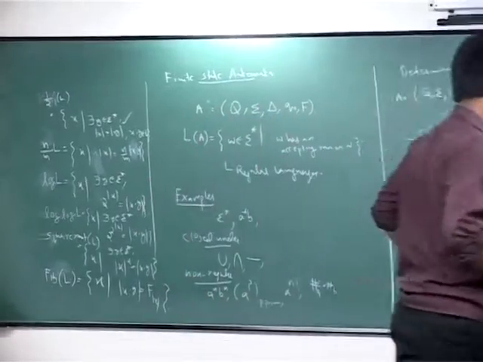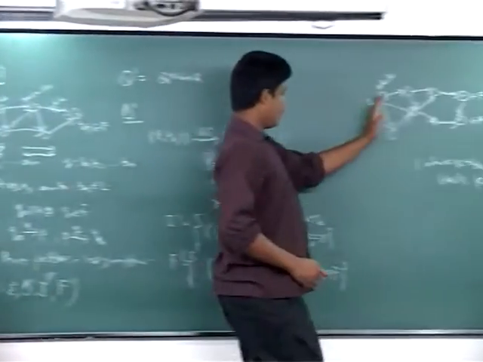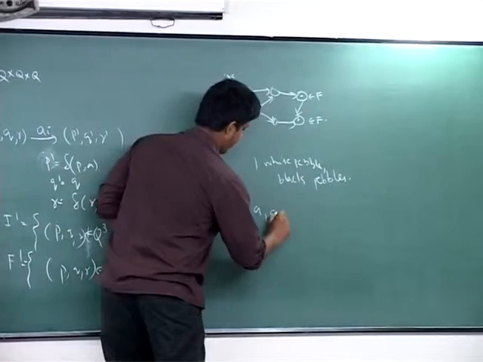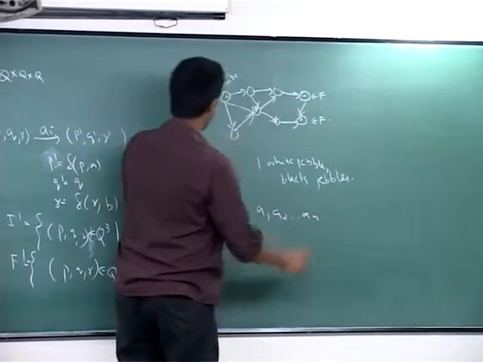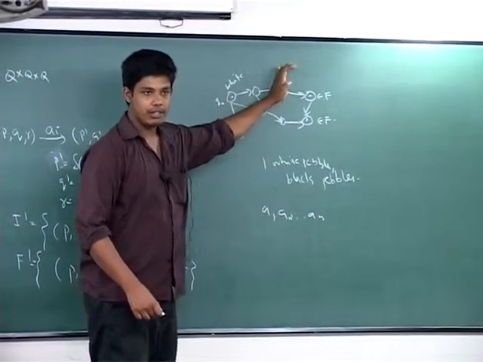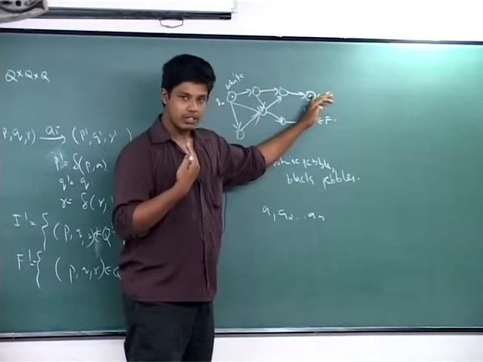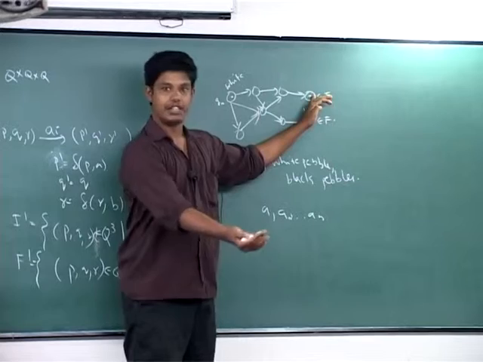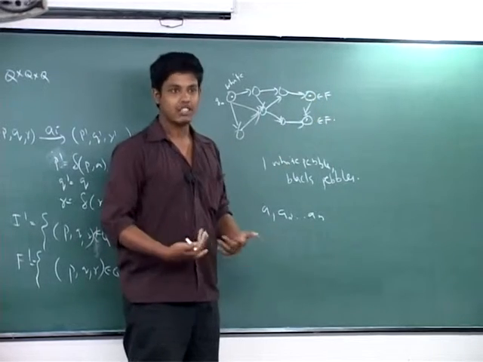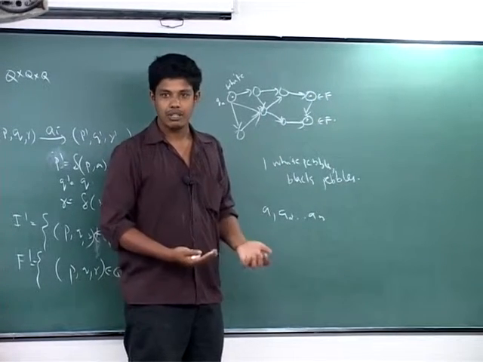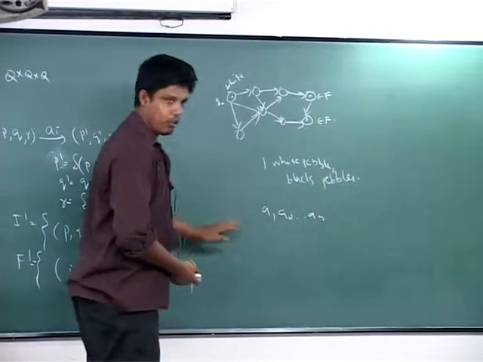What he said is the following. When I read A1, A2 to AN, I keep on moving the white pebble forward. At the same time, I take the black pebble and I move backwards. I don't take transitions forward, I take transitions backwards. Nobody actually restricts me to take transitions backwards. So formally what is it?